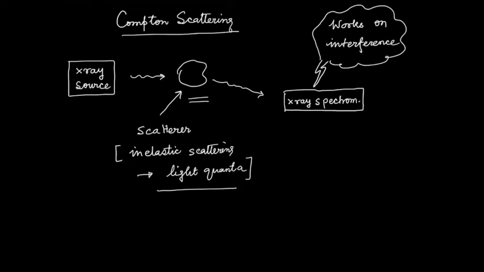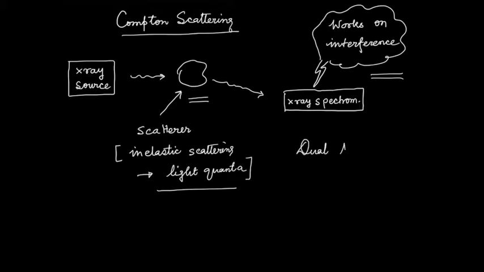So you see, we are looking at one experiment where, in this part, I need to consider X-rays as light quanta, like particles, and here I need to consider X-rays as waves because I am looking at interference of X-rays.